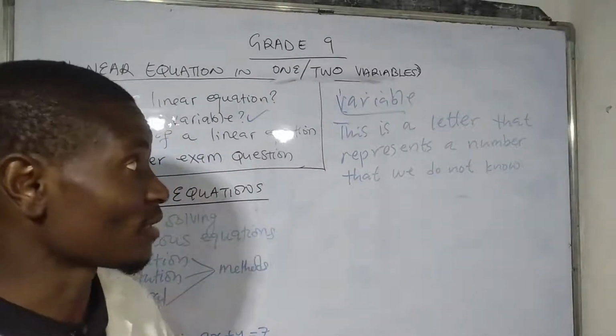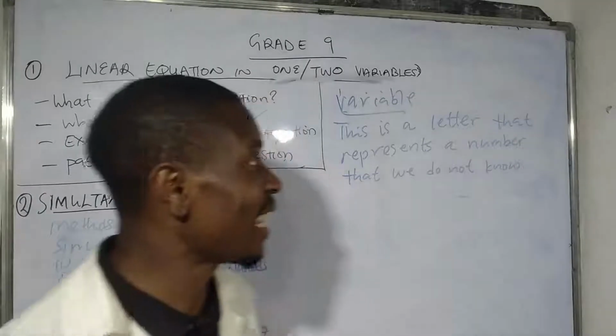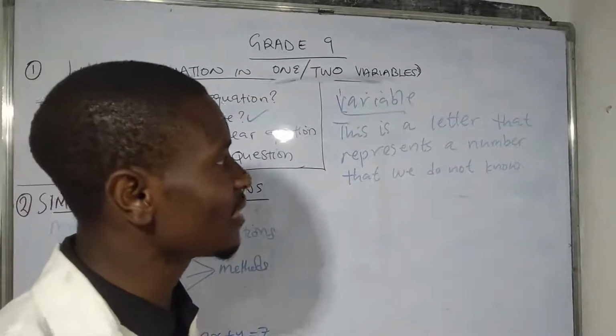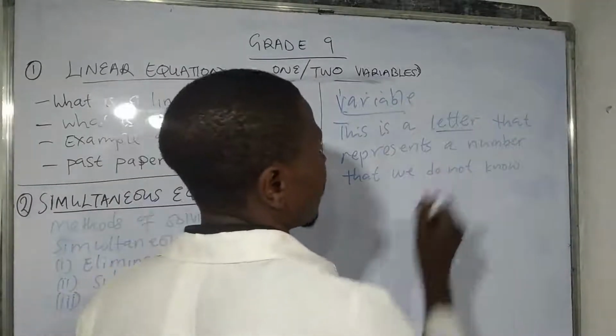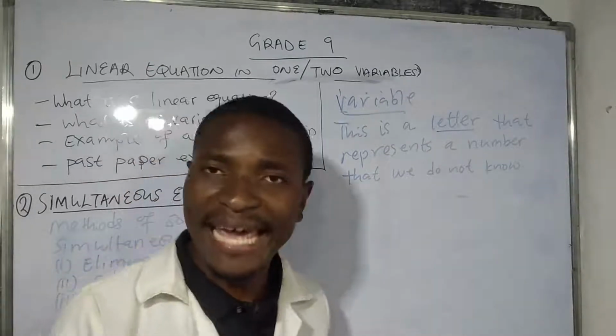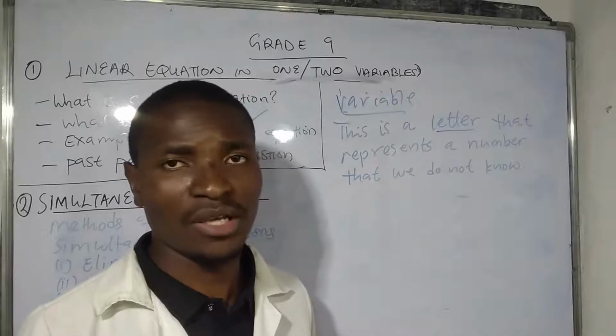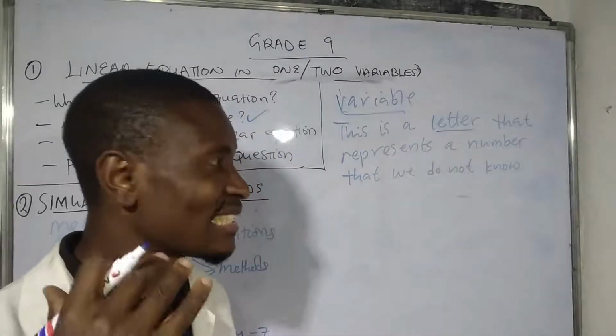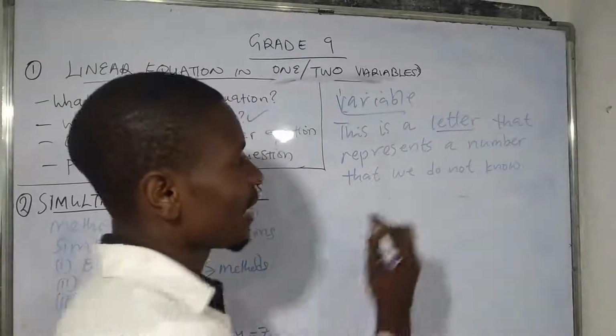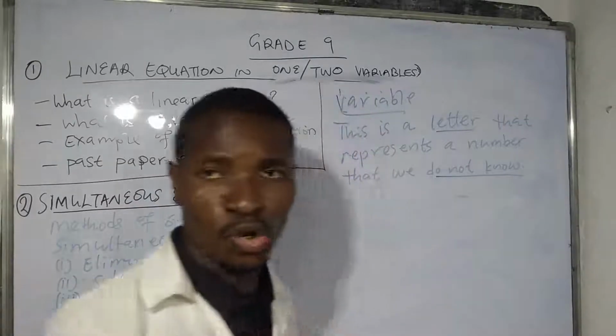As simple as that. A variable is a letter, okay? A letter that can be X, Y, Z, P, A, anything that you can call it. So a variable is just a letter that represents a number that we do not know.